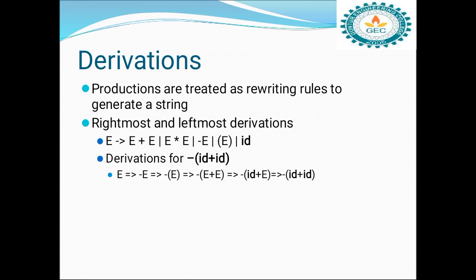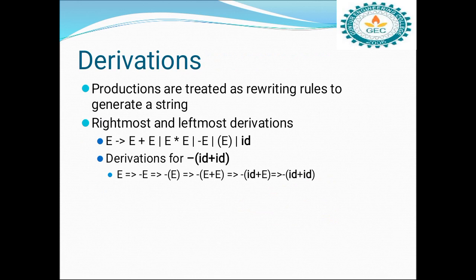Derivation. So how to design the parse tree? Productions are treated as rewriting rules to generate a string. Production means E equals E plus E, E equals E by T, all are productions.